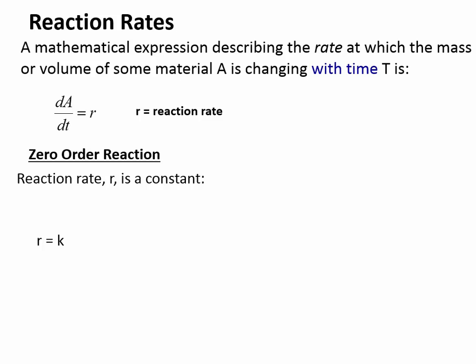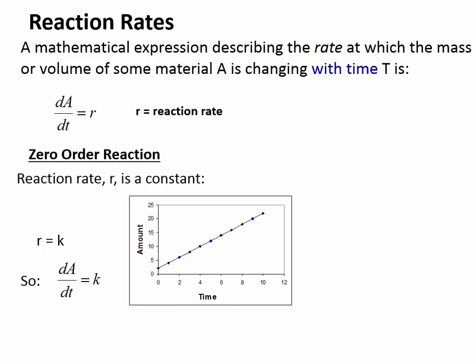If, in a quiz or something, I say, explain this, you would write, the reaction rate is constant. That's the English interpretation of those symbols. So the change of mass A over time is constant. dA/dt means the rate of that change is constant.